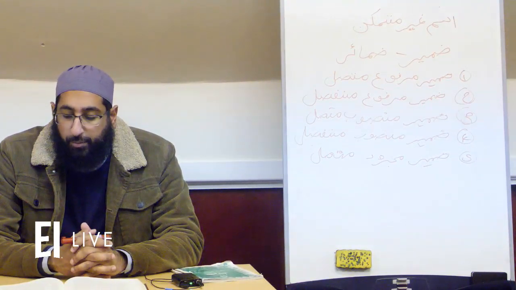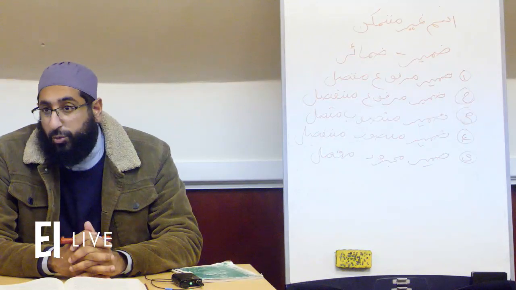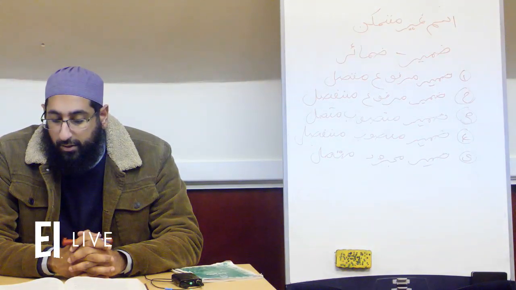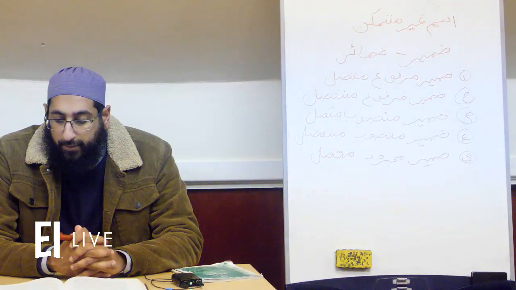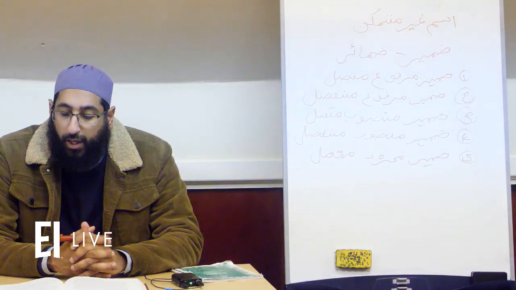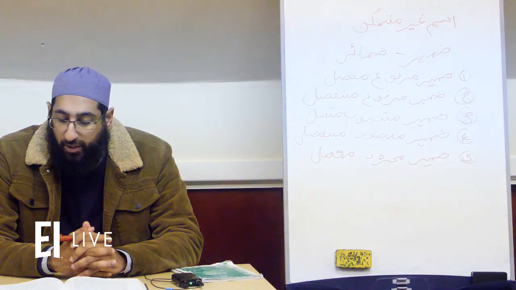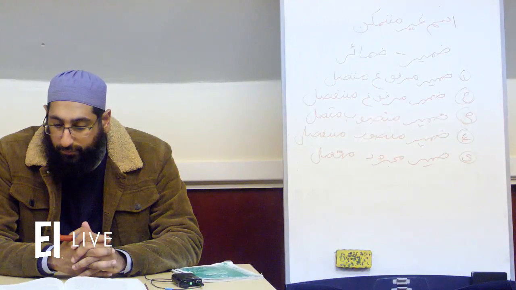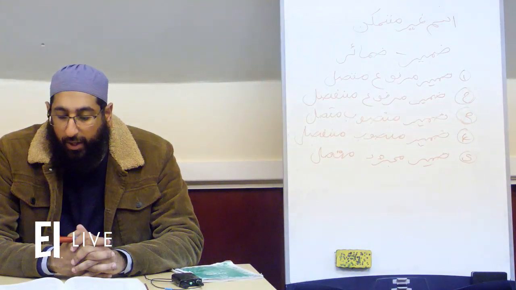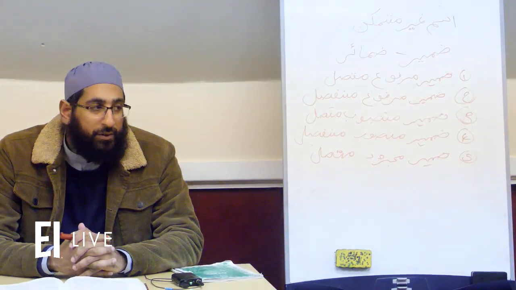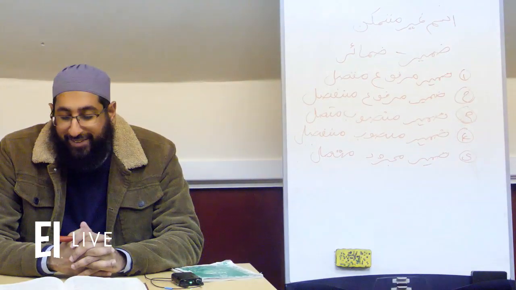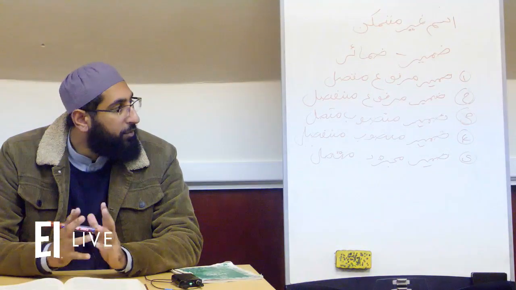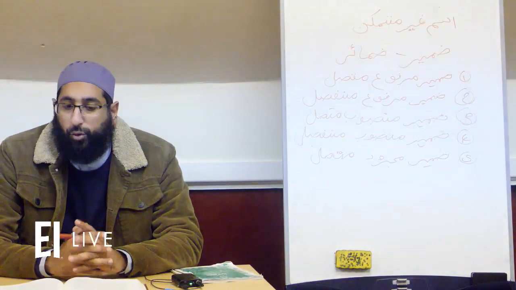Sayyidina Sa'd bin Abi Waqas, from Ashra Mubashara, isn't he? He said that the Quran was revealed upon the Prophet sallallahu ta'ala alayhi wasallam, and he recited the Quran, i.e. he presented the Quran in terms of what was revealed at the time to the people.